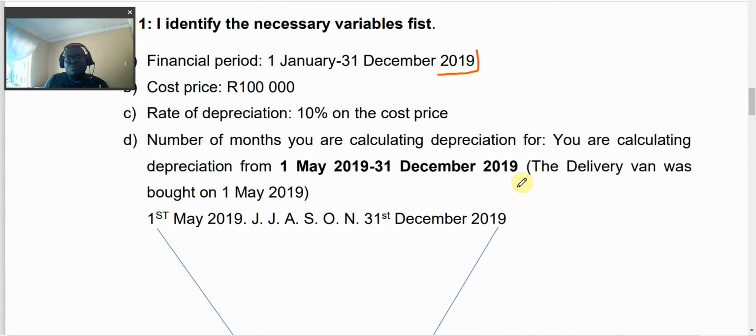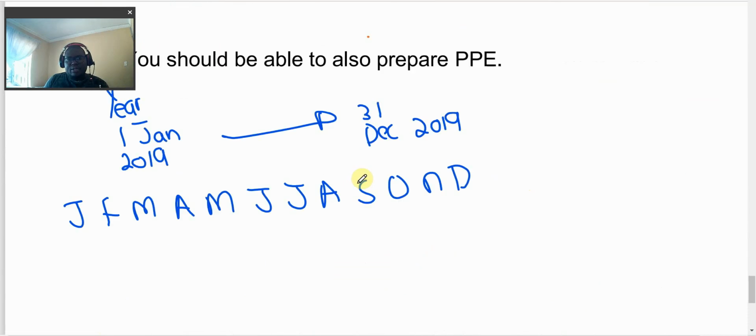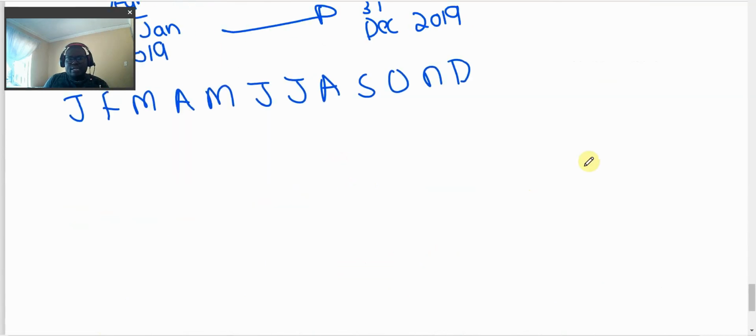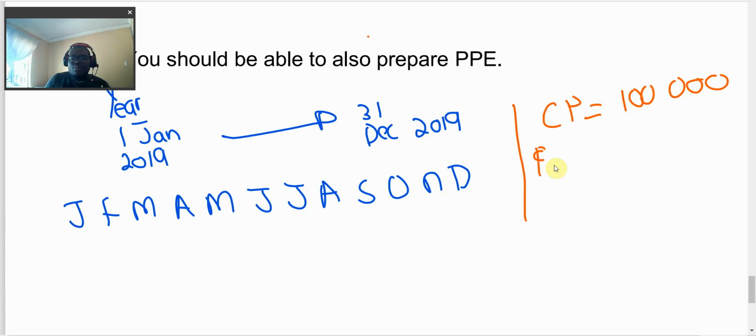Let's go to the bottom and write what we have. The cost price is equal to 100,000. Then we need to get the bought date.